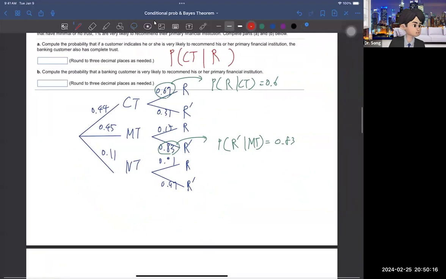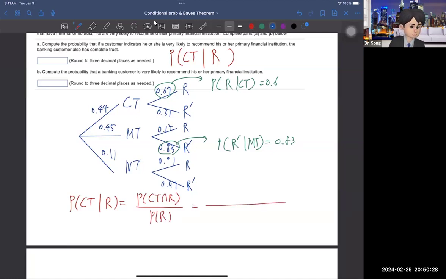Same as before, you first write down the equation. So complete trust given R, recommendation, is the probability of CT intersection R over the probability of R. Then this time, let me check the denominator first. So there are three different recommendations.